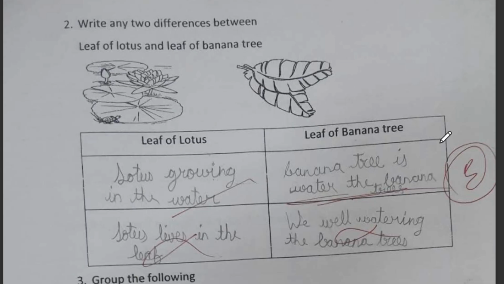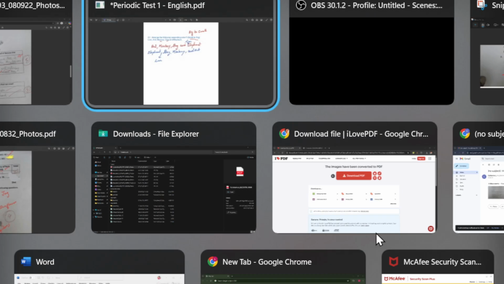This is not the correct answer, students. This is also not the correct answer. He has written lotus leaf in the leaf. Next, watering the banana tree. No. Okay, I will write the difference and I'll show you.